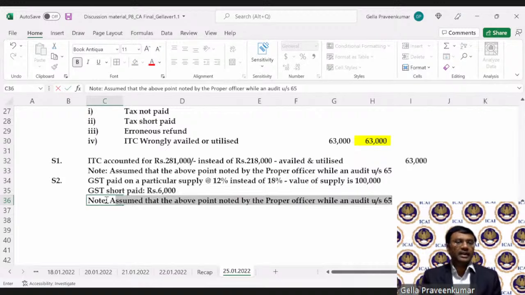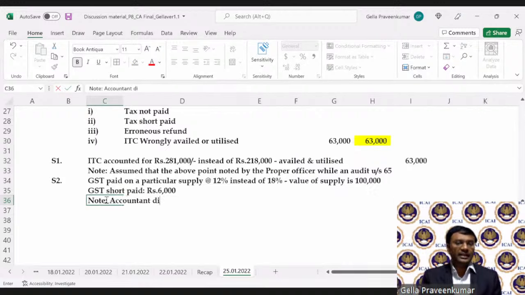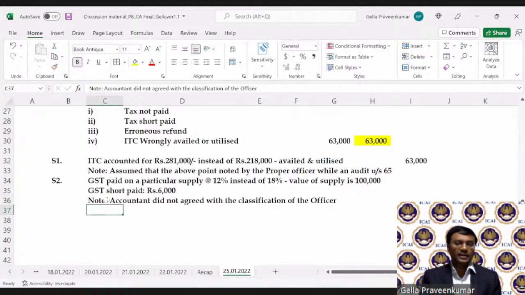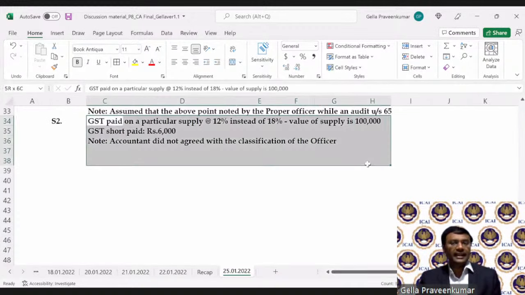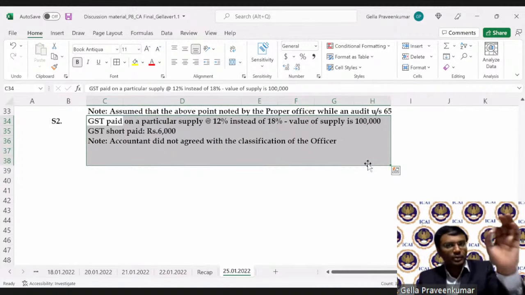Note, the accountant did not agree with the classification of the officer. Now, the demand says that the officer says, Praveen, you supplied the goods of 1 lakh.